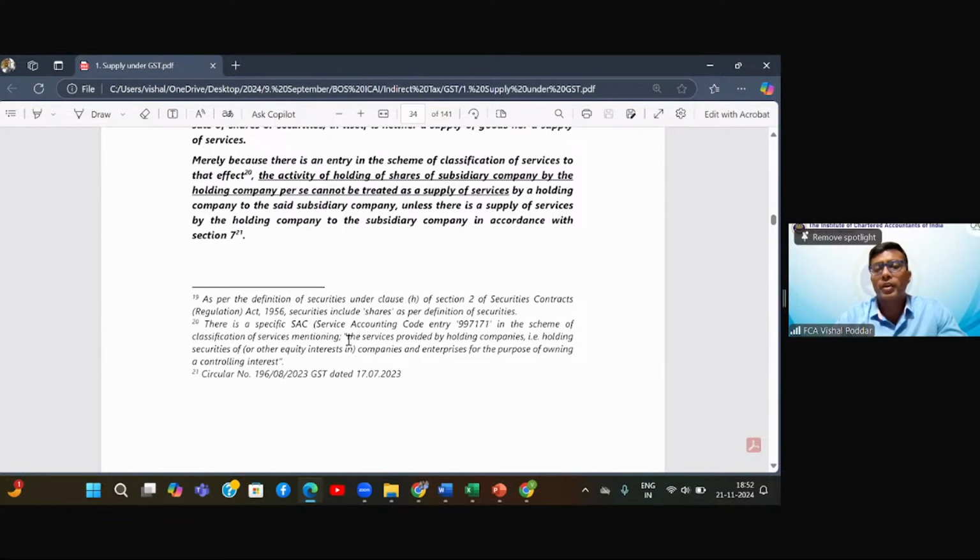In the scheme of classification of service, there is an entry which says services provided by a holding company, that is holding securities or other equity interest of companies and enterprises for the purpose of owning controlling interest. Now, if you read this entry, it makes no sense at all. Now, see, please understand and appreciate, student, what GST we are today seeing is amalgamation of many earlier laws.